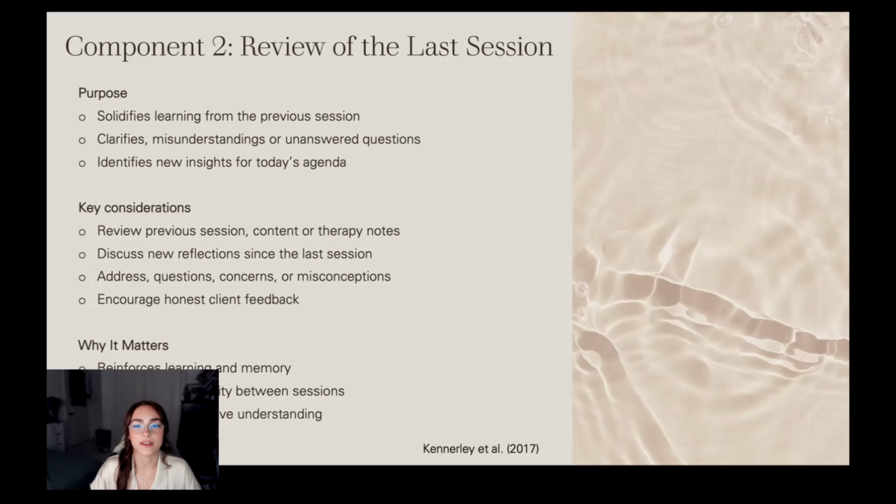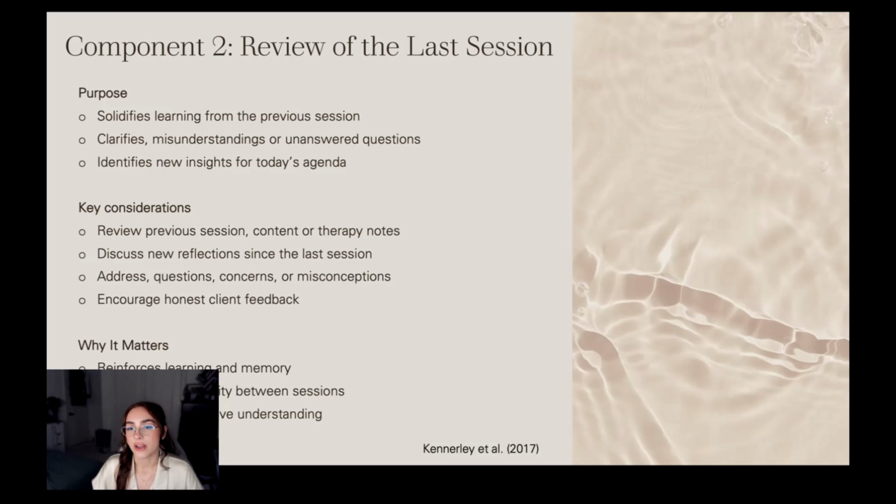Kennerly and colleagues emphasize that counselors should pay attention to the authenticity of the client's feedback. This means that if a client appears to be agreeing simply to please the counselor rather than expressing genuine thoughts or concerns, the counselor must consider whether addressing this pattern strengthens the therapeutic relationship. If a client cannot recall what occurred during the previous session, this should be viewed as a therapeutic issue to explore rather than simply moving on.